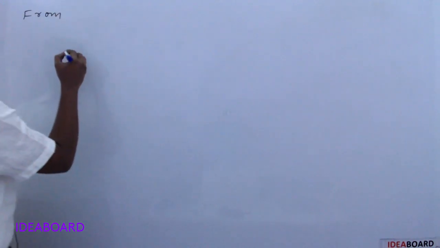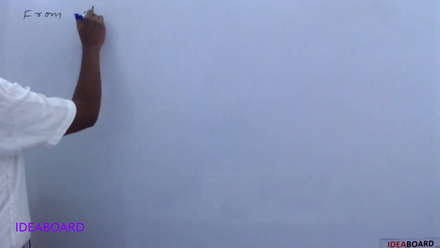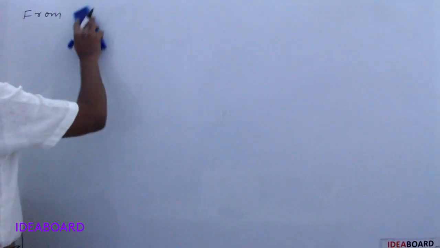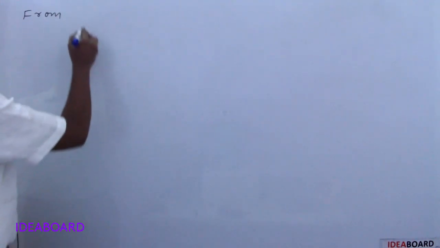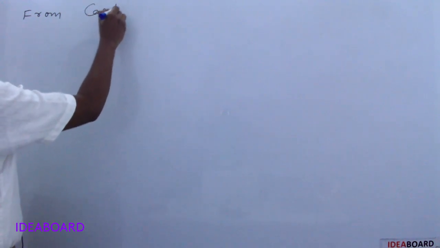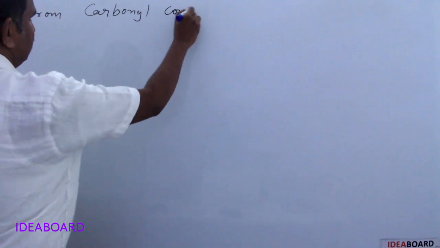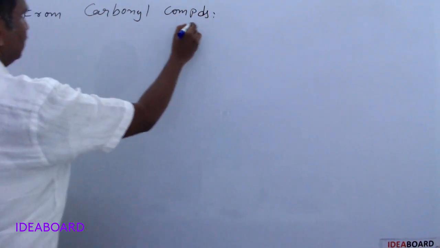In this, the next method is from aldehydes and ketones, or we can simply write carbonyl compounds. Here, carbonyl compounds mean mainly aldehydes and ketones.